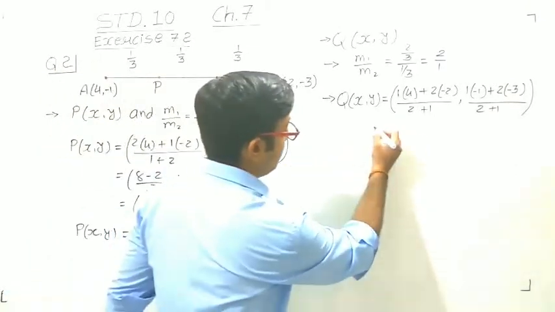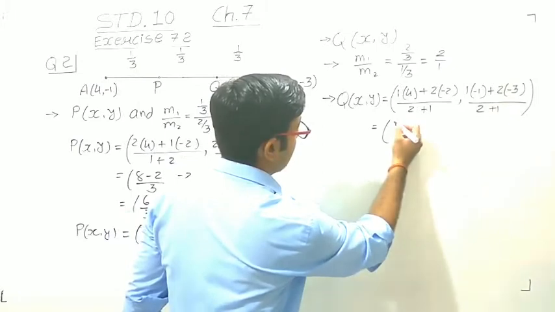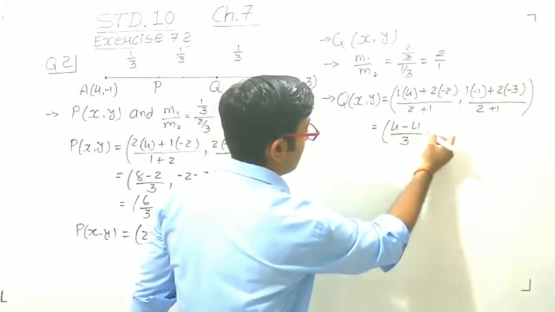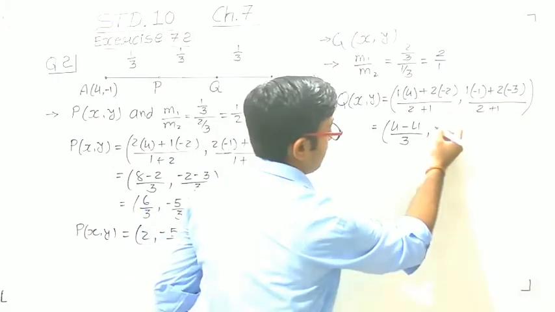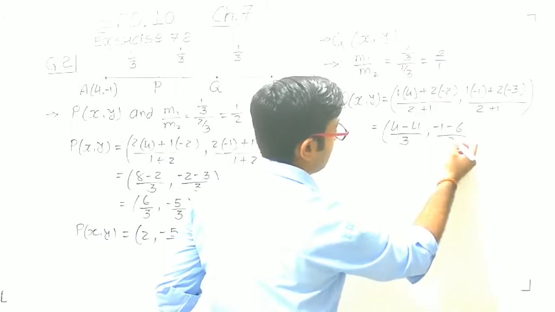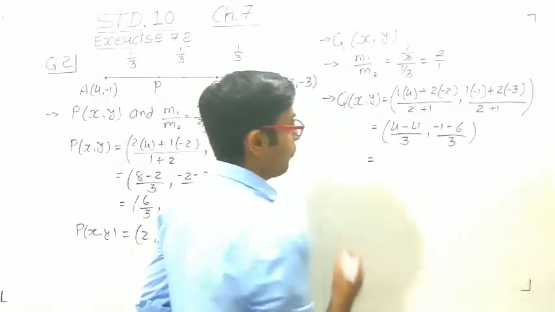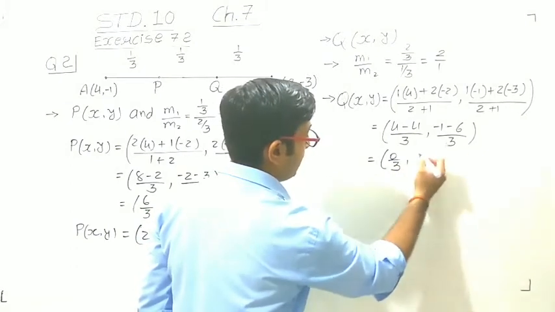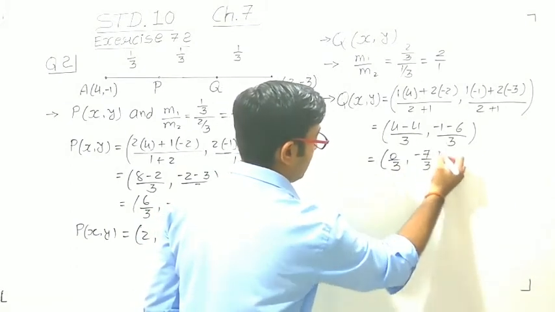Now let us simplify it. We get here 4 ones are 4, minus 2 twos are 4 upon 3, and here 1 ones are -1, minus 3 twos are 6, upon 3. So 4 minus 4 is what? 0 upon 3, and here we get -7 upon 3.